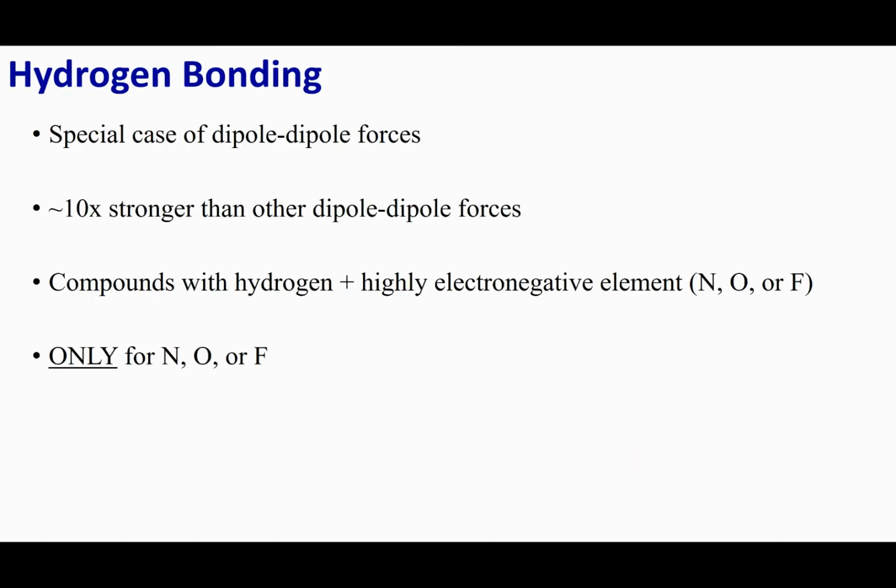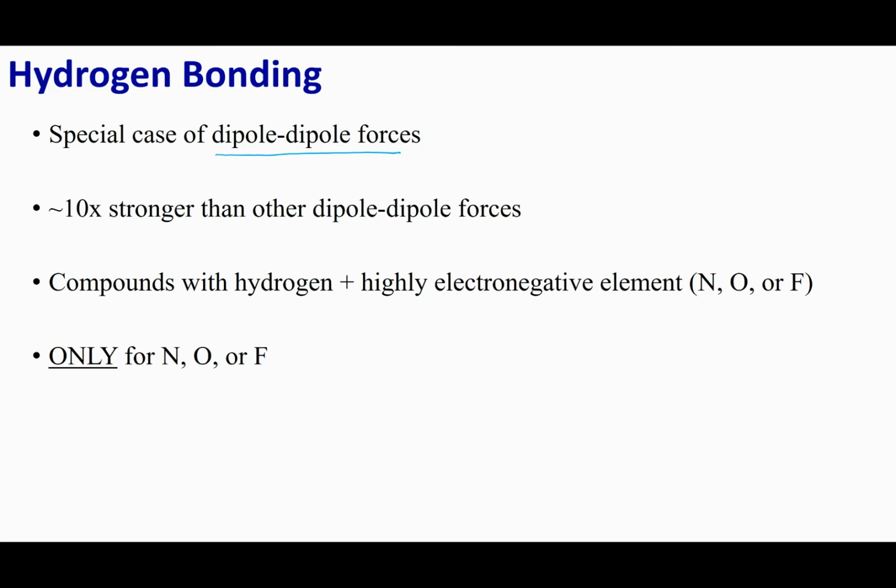All right, let's go ahead and discuss the last intermolecular force. Now, this intermolecular force is the strongest of all the intermolecular forces, basically by a factor of 10. In fact, this molecular force really is just a dipole-dipole intermolecular force, but it is a special type of dipole-dipole.